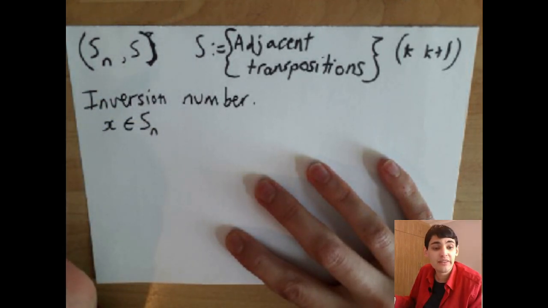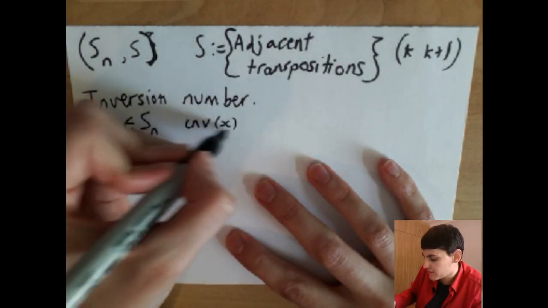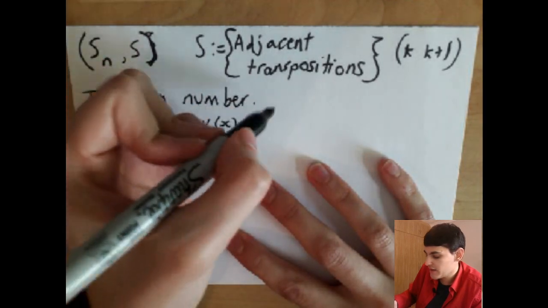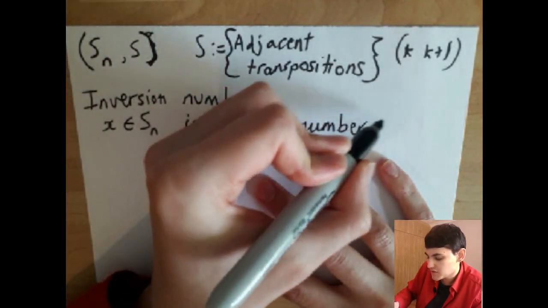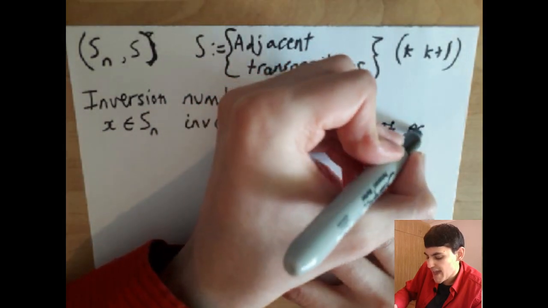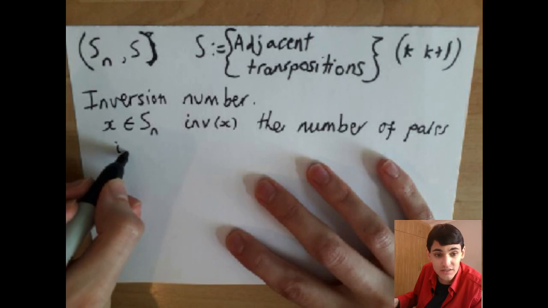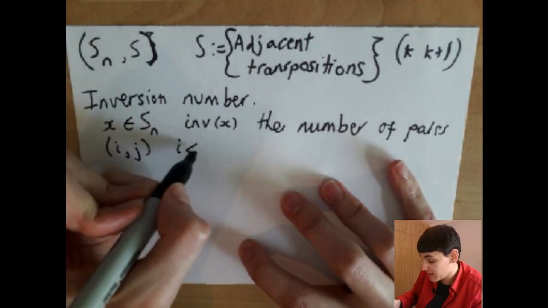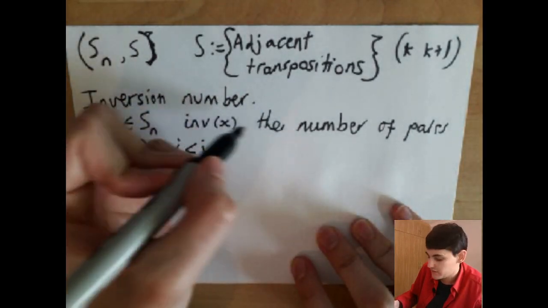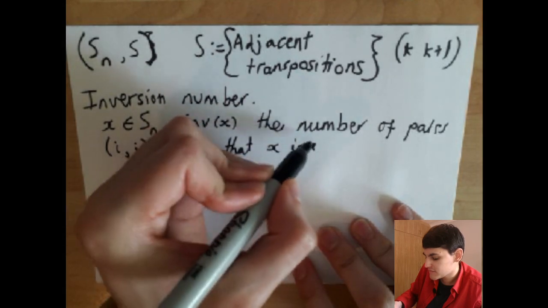Then the inversion number, inv of x, is the number of pairs (i, j), with i less than j, that x inverts.